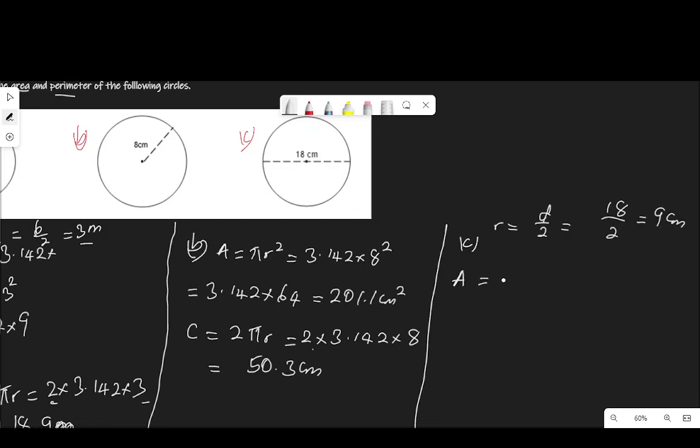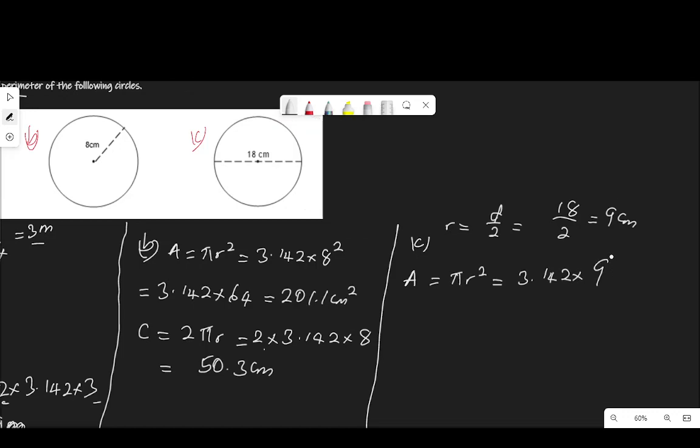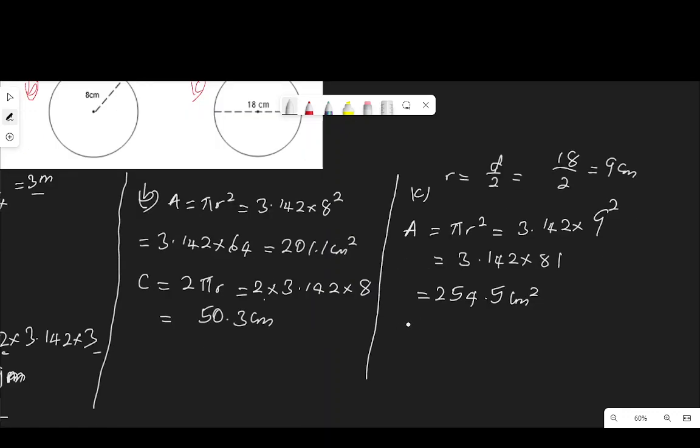So area, which is pi r square, will be 3.142 times 9 square, which is 3.142 times 81. 81 times 3.142 gives us 254.5 approximately centimeter square.